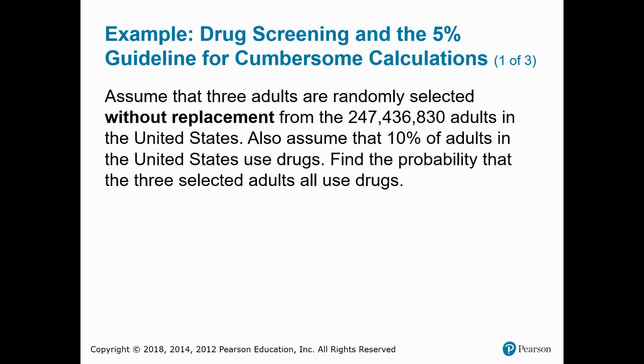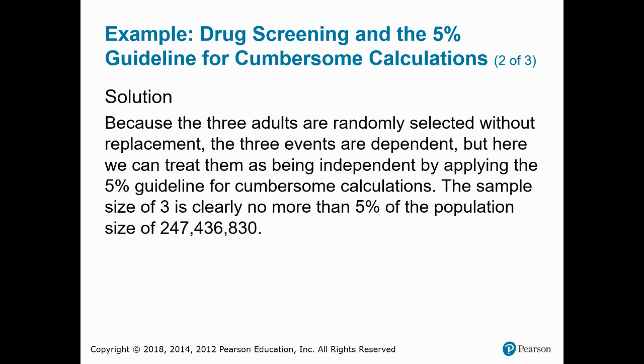So we're selecting from this huge population. But because the 3 adults are selected without replacement, these 3 events should be dependent. But we can treat them as being independent by applying that 5% guideline. Because if we're picking 3 people, what percentage of 247,436,830 is that?